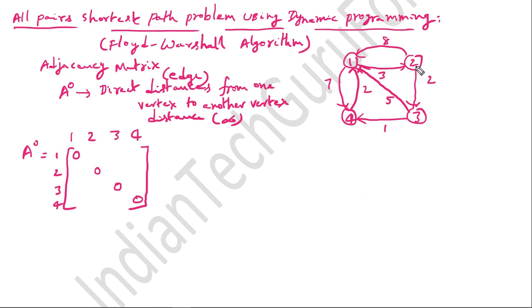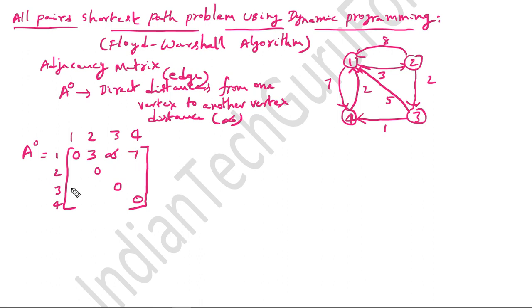Now let us calculate the distance from 1 to 2. From 1 to 2 there is a direct edge and the distance is 3. Note it down. From 1 to 3, there is no direct edge. Because this is a directed graph, we need to consider the direction also. There is an edge from 3 to 1, but there is no edge from 1 to 3. So whenever there is no direct edge, we consider the distance as infinity. From 1 to 4, there is a direct edge and the distance is 7.